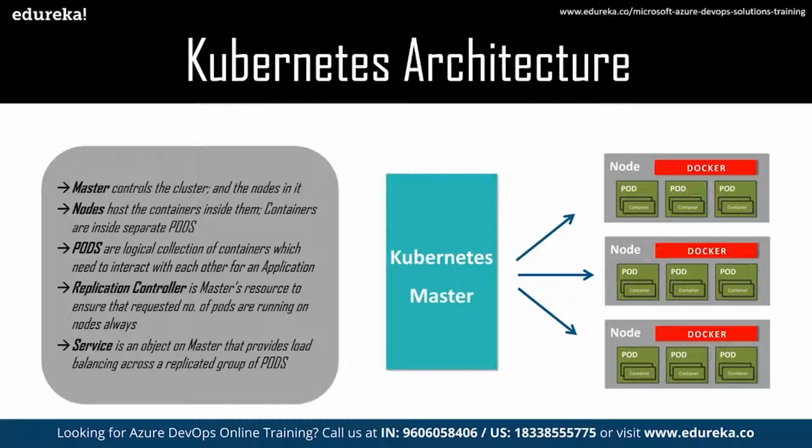What your replication controller does is it tells your node that this application has to run. And who makes it run? There's something called kubelet. Inside every node, there would be another entity called kubelet. That kubelet is responsible for running your application. So this is how your Kubernetes architecture looks, and this is how it functions.